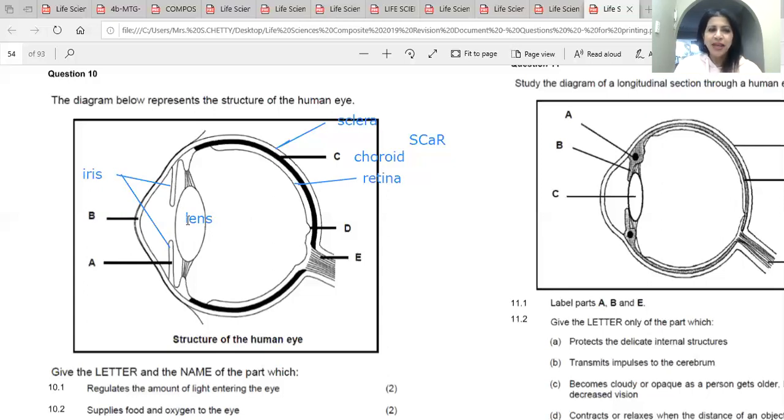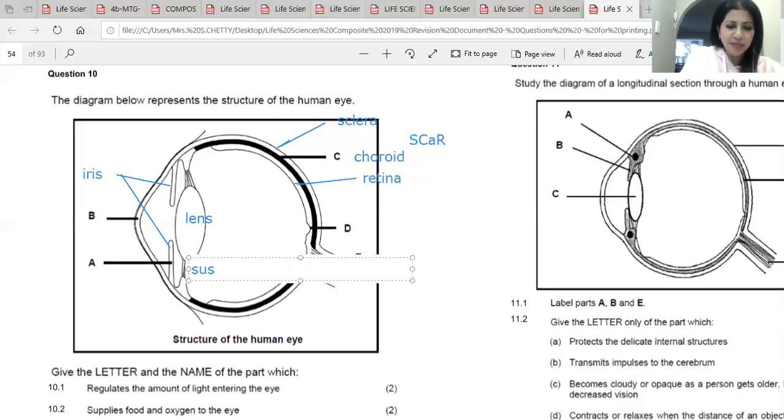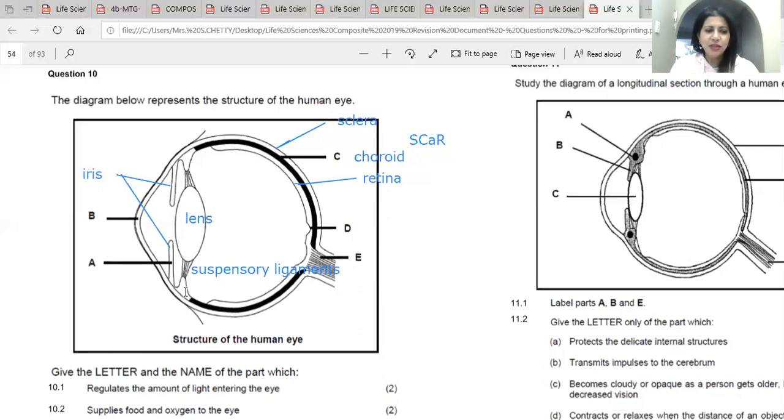And let's look at the lens. The lens is held in position by elastic bands here. These elastic bands are called suspensory ligaments. And then you've got here muscles which will cause the suspensory ligaments to do various things.